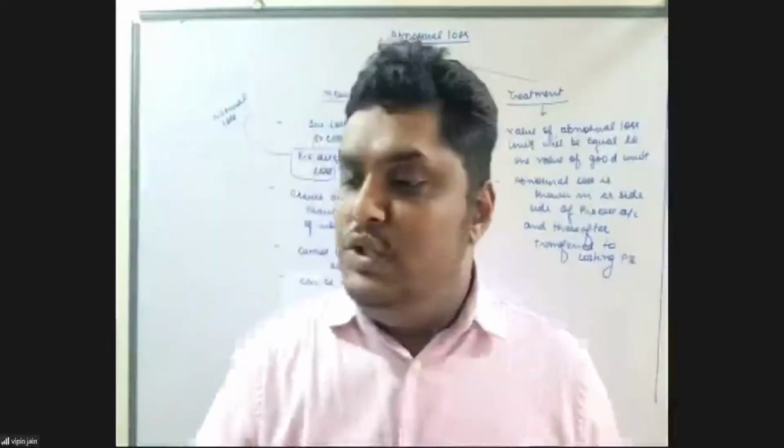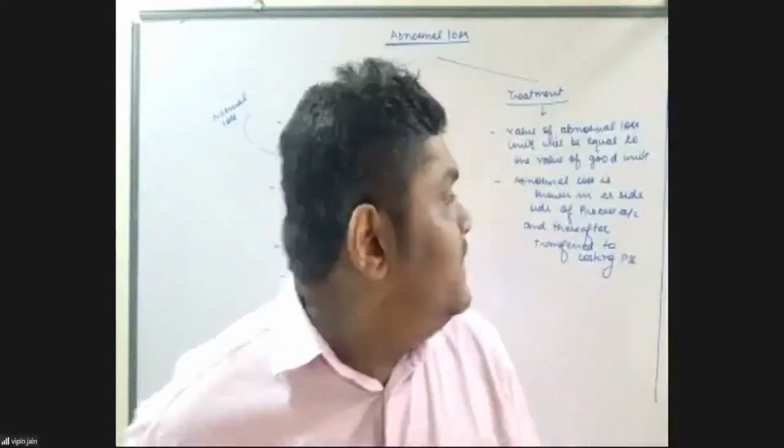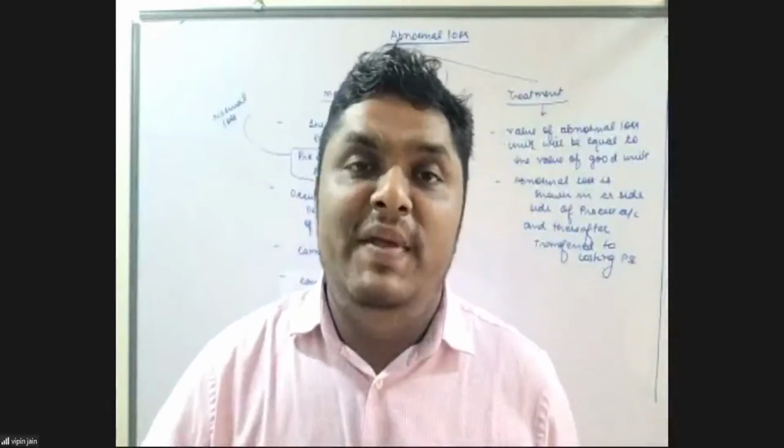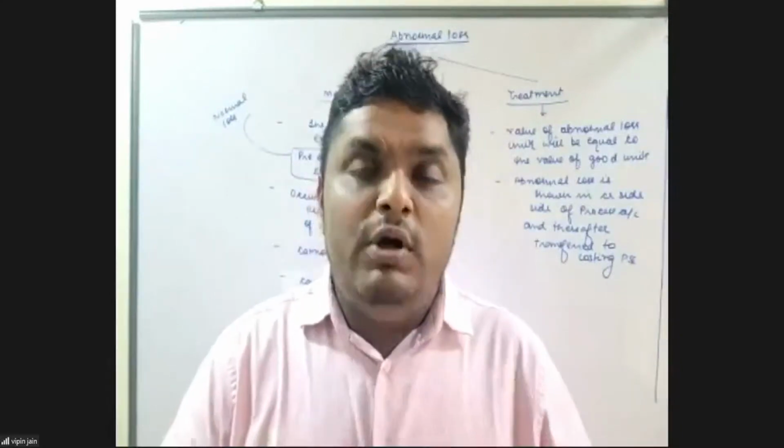So abnormal loss is shown in the credit side of process account and thereafter it is transferred to costing P&L. So this is all about abnormal loss.